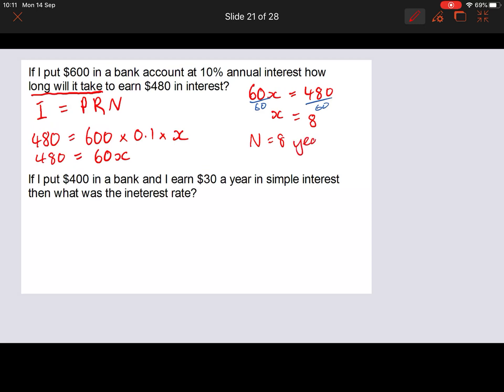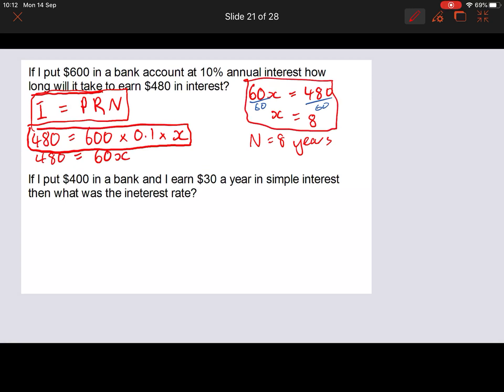And 480 divided by 60 is equal to 8. So that means n is equal to 8. So it will take me 8 years to earn that amount of interest. So n is 8 years. Again, we use the formula. We put in what we know, and then write an x when we don't know, and then we just solve the equation. Same process all the time.